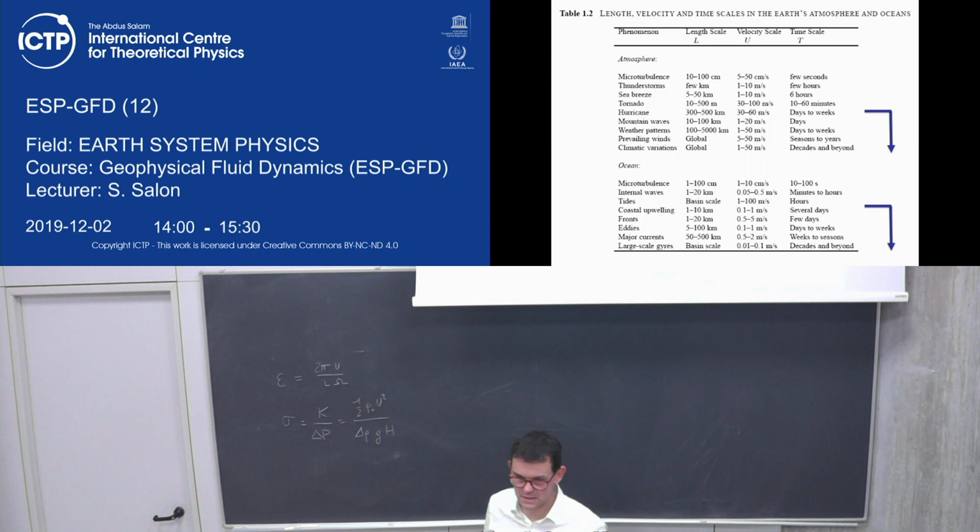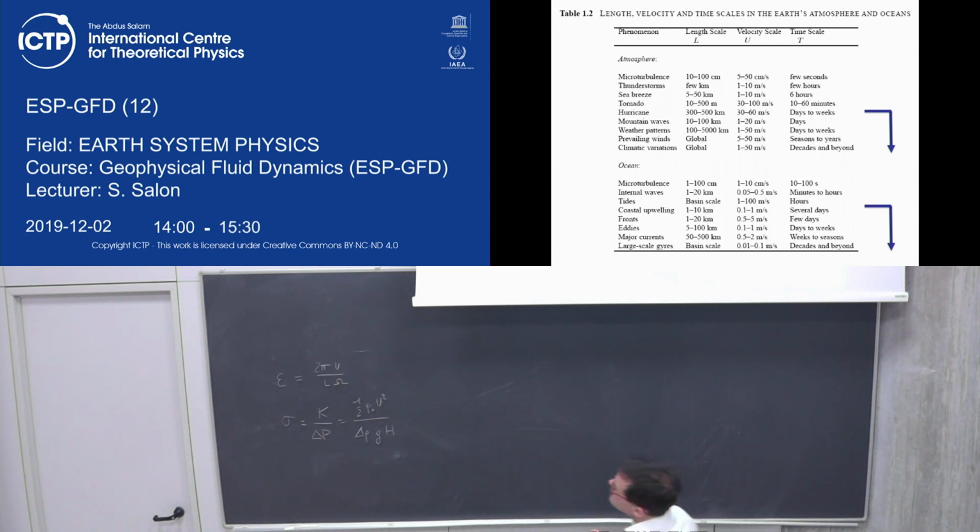It's important you remember the definition of scales of motion: quantities which measure the order of magnitude of the phenomena. Velocity, length, height, and density, and also density variation.